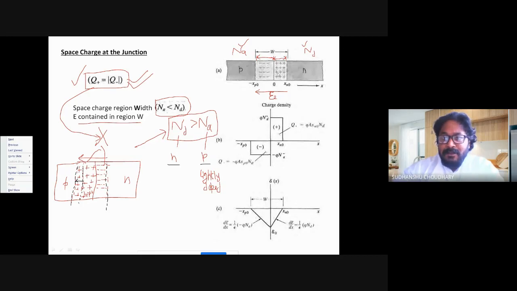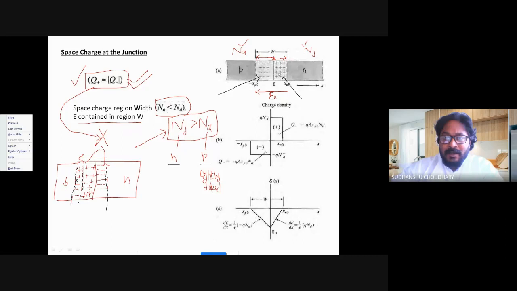Now the charge density. One can find out the charge density in this region and also the charge density in this region. We understand the doping concentration is Nd in n-type and Na per centimeter cube in p-type. So the charge density in the depletion region can be found.